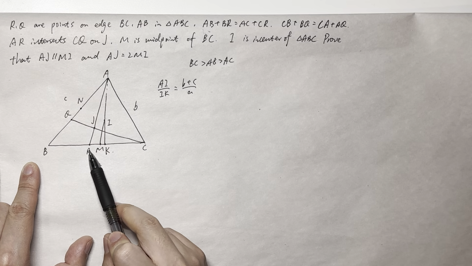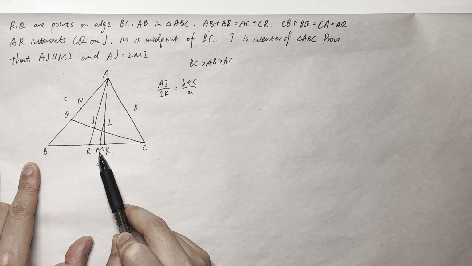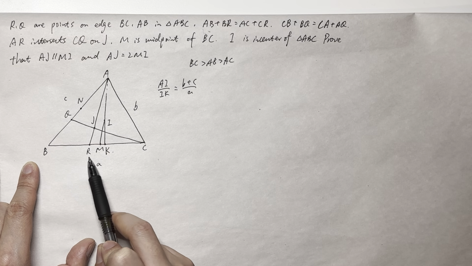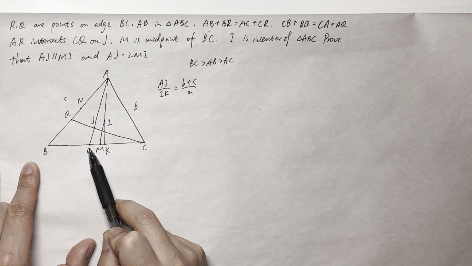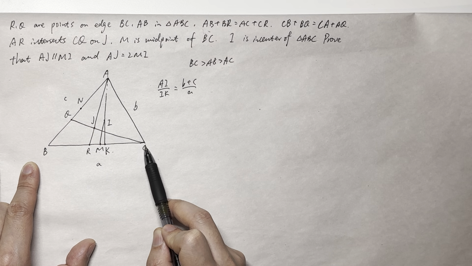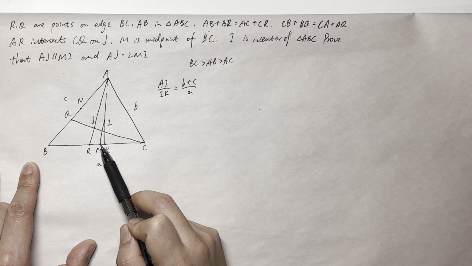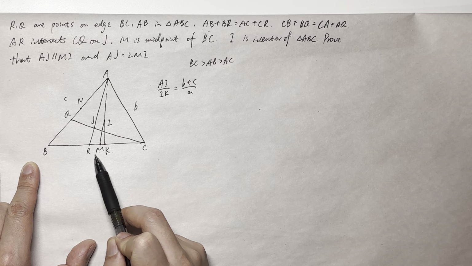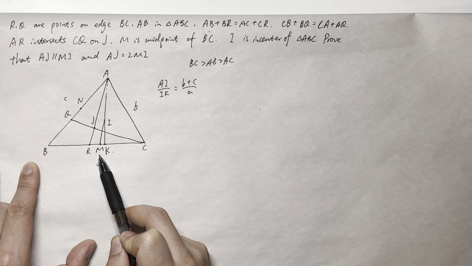And can we find the length of RM? Yes, we can, right? Because we know that AB plus BR equals AC plus CR. So we can calculate the lengths of BR and CR. And we know that M is the midpoint of BC. So we can calculate the distance RM.